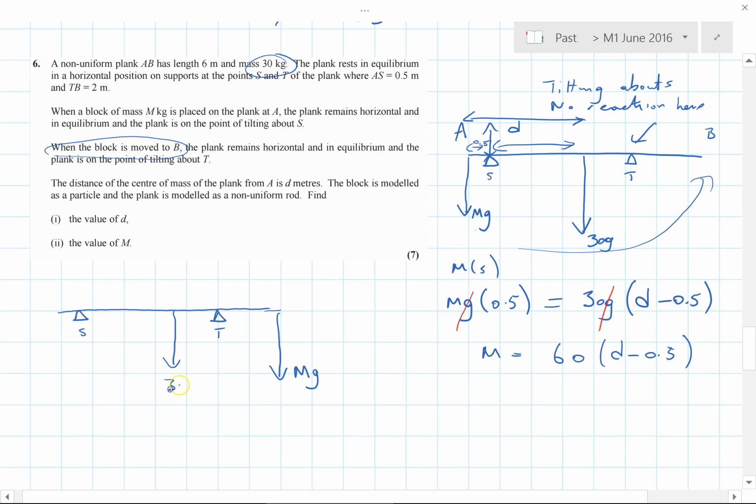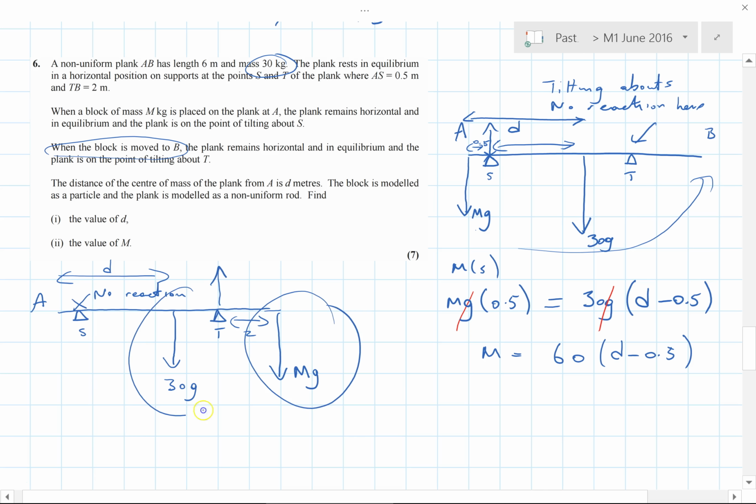The mass of the rod is 30g, and the centre of mass from A is d. This is 2 meters here. There will be a reaction here, but this time there's no reaction at S because it's on the point of tilting about T. So the only two forces again are this one and this one.